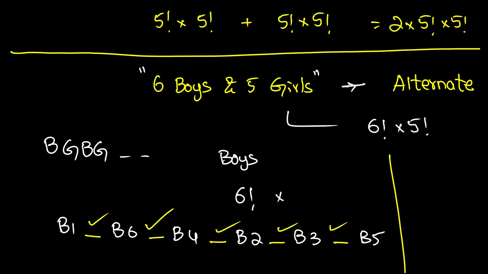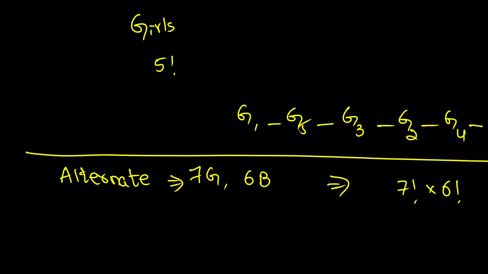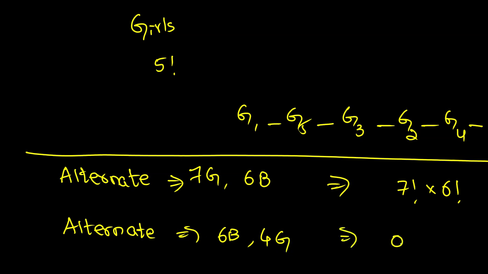Not possible, because when it is 6 boys and 4 girls, no 2 girls together is not possible, and no 2 boys together is not possible. Alternate means boys should be not together, girls not together required. When the difference in count is greater than or equal to 2, alternate is 0. 6 boys and 4 girls, 0, not possible.